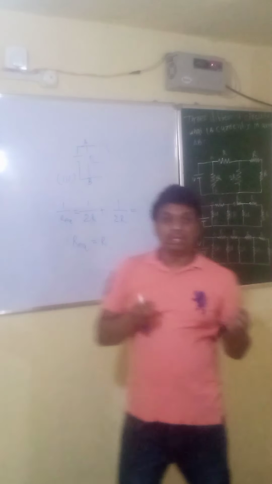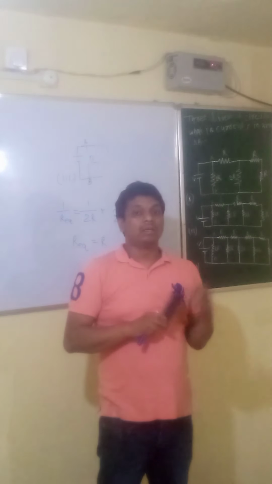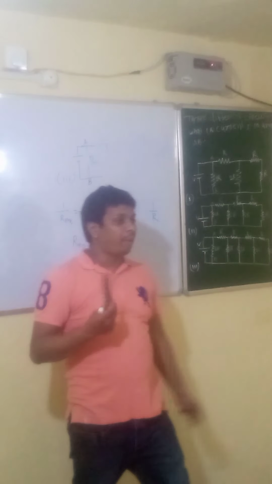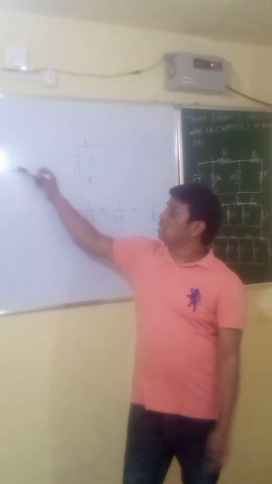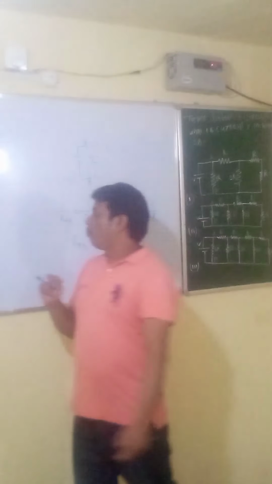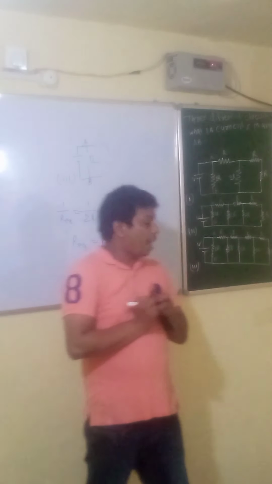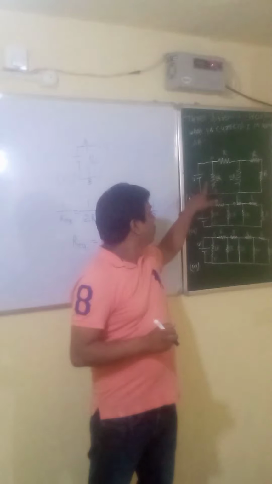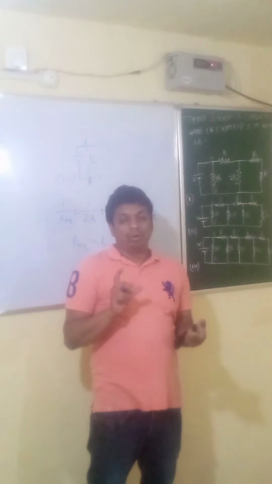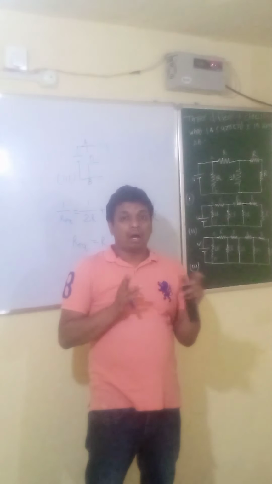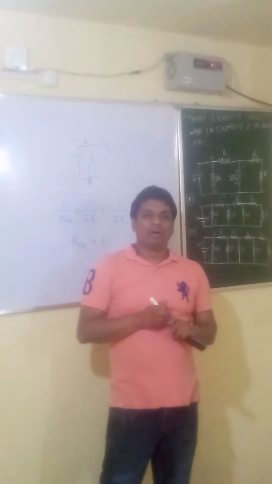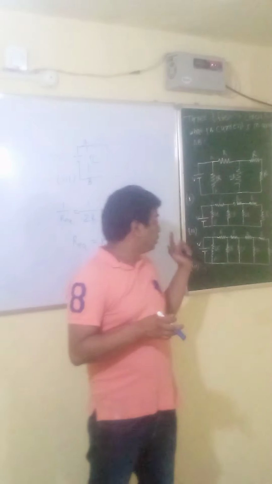The last one should be in series, and the resistances are R and R. So we get the value of equivalent resistance as R. Then we can say that the potential difference between A and B, or the current flowing across the resistance between A and B, is equal for the three given circuits.